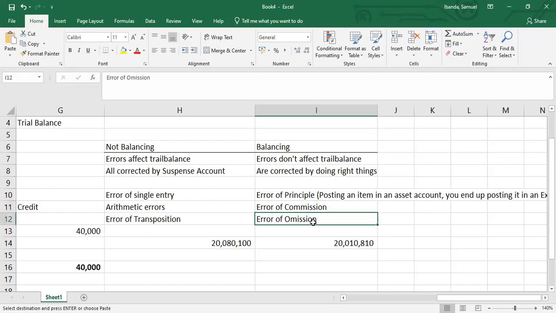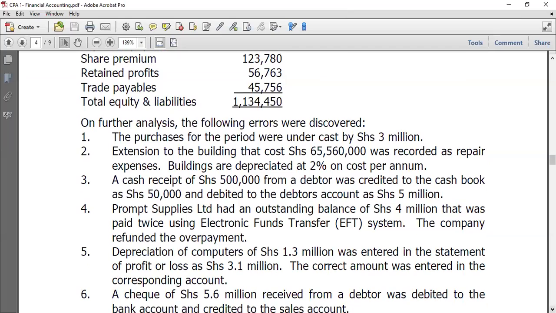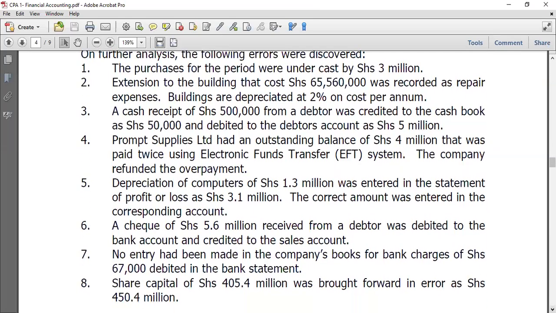If it's error of omission, how we correct this is we actually record the transaction as it appears, okay? Let's just see if we can see an error of omission here.